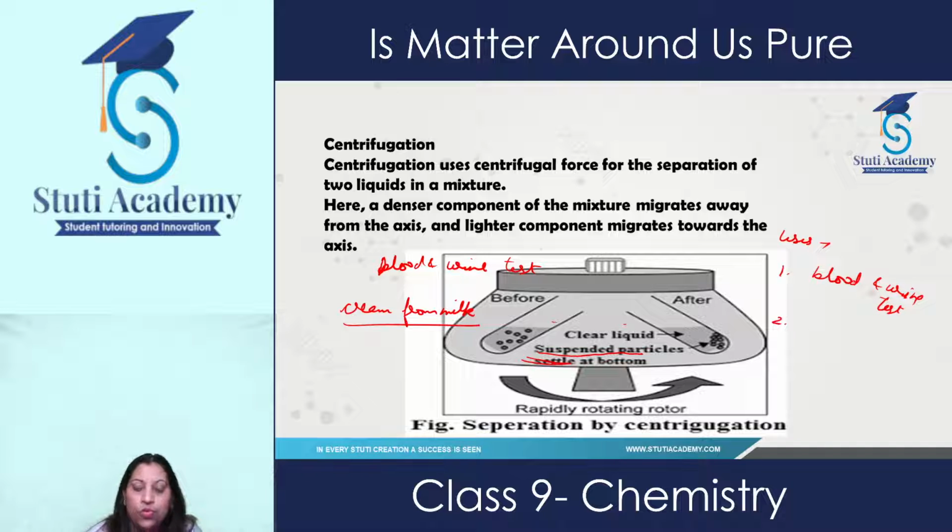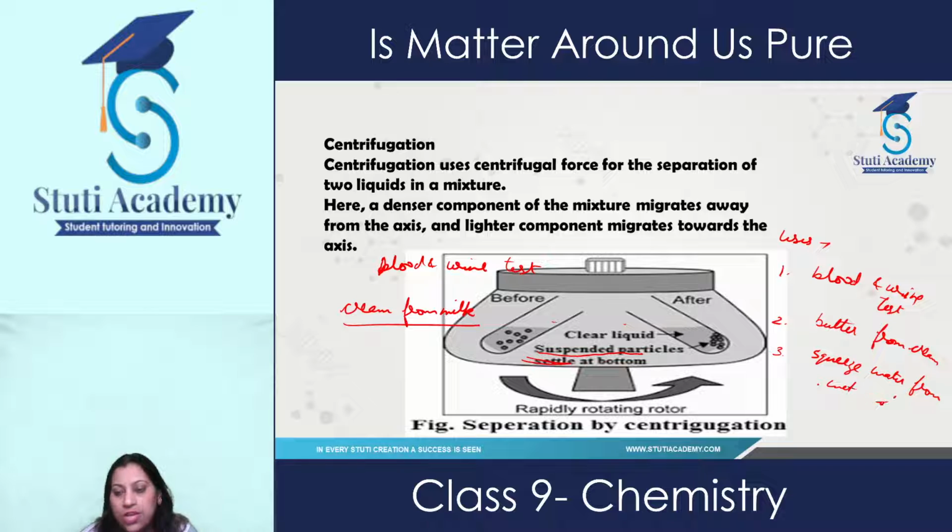It can be used to separate butter from cream, and it is also used to wash clothes, to squeeze water from wet clothes, in the drainer we use in the machine. So these are applications which we use for separating substances.